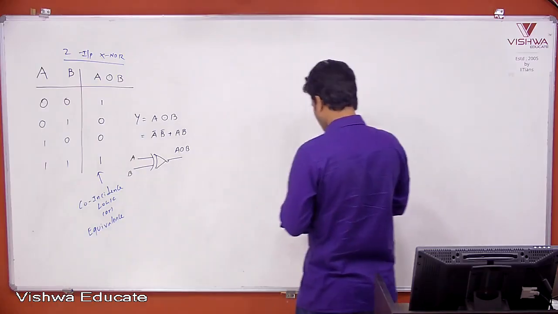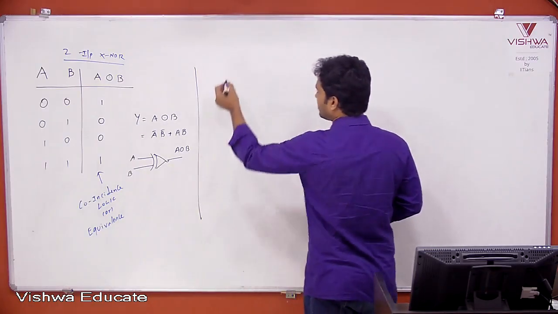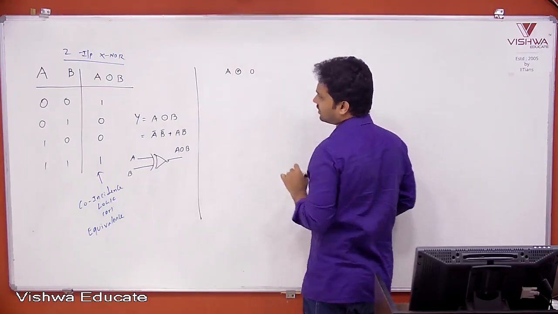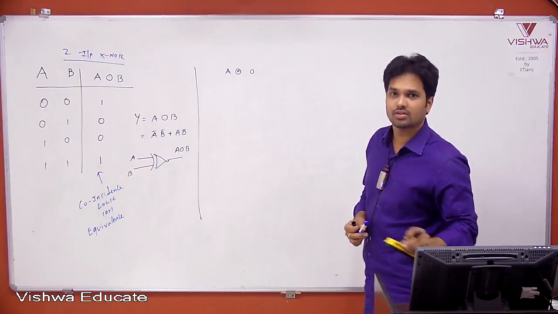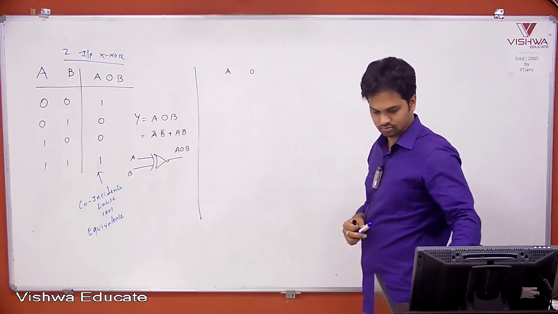Right. Now see here. Already in the XOR case we have done a few conditions, like A XOR 0. So let us do the same for XNOR also.